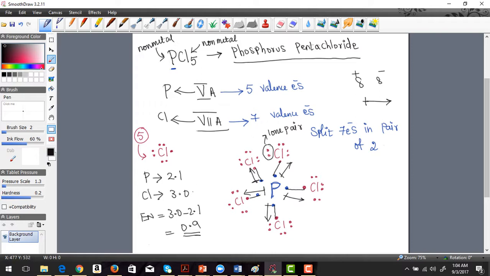So the bonds themselves are polar covalent, but I can tell you as a whole this molecule is nonpolar. We'll get to that in another video. I do want you to understand that the molecule itself is nonpolar.